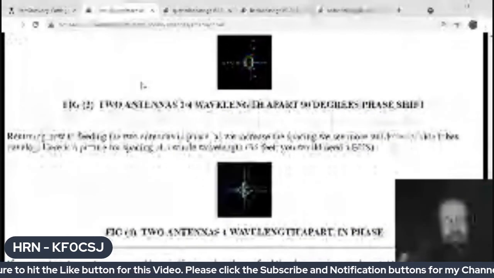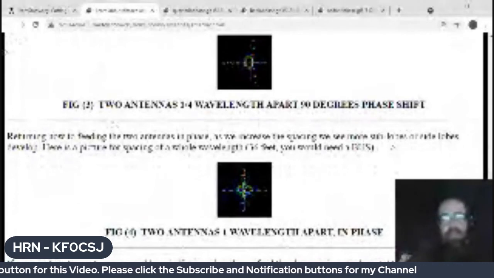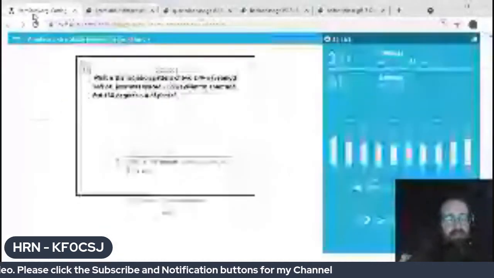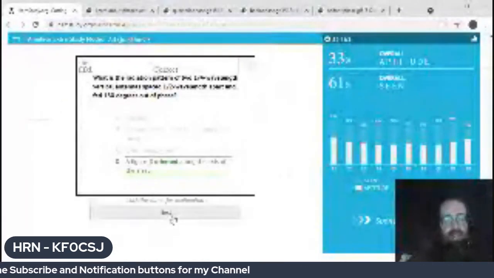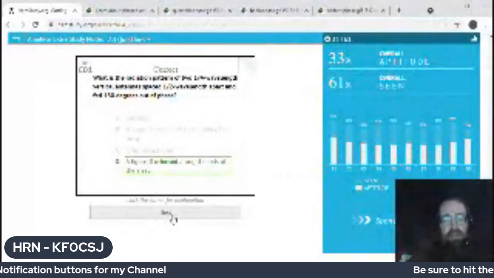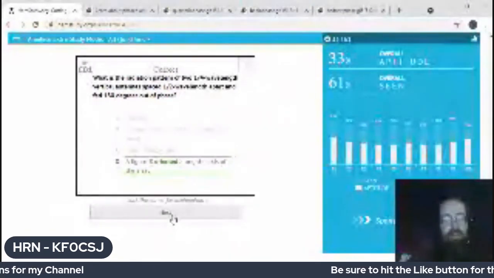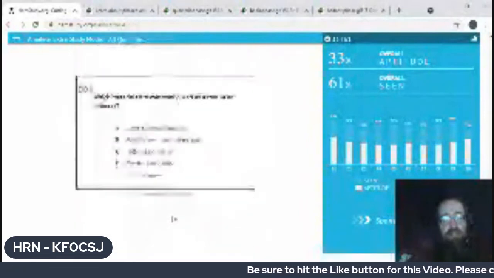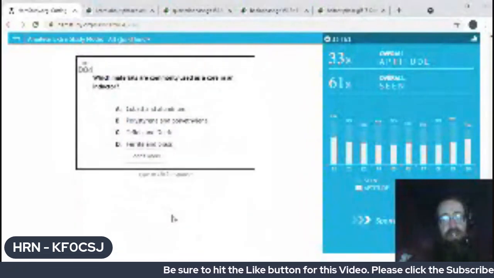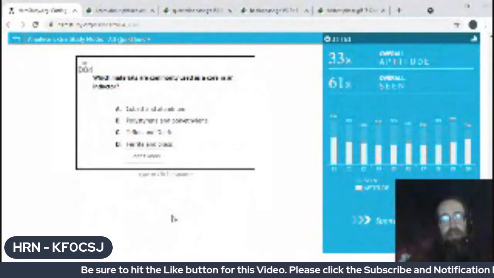So that's that website there. You can go there for more detail on all the different options and how the phasing applies to each other.